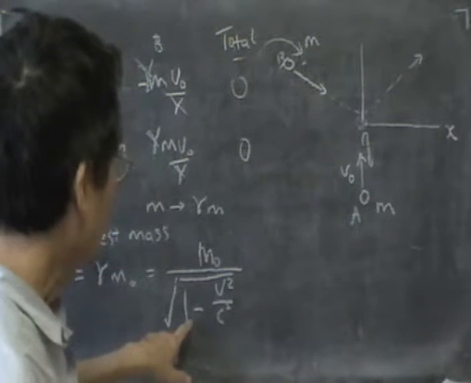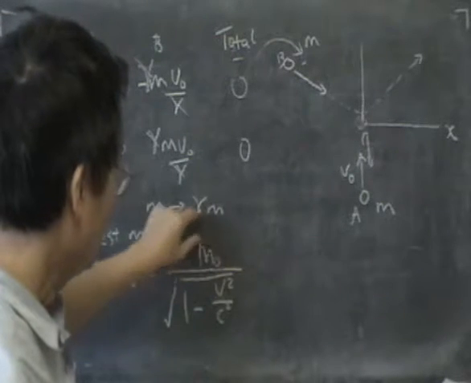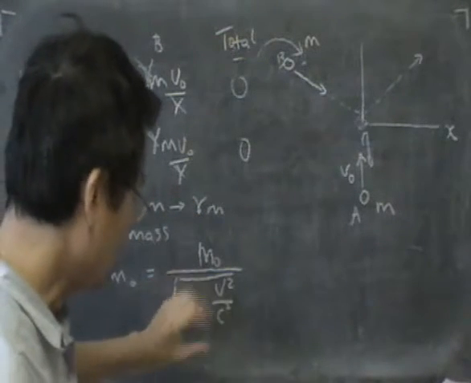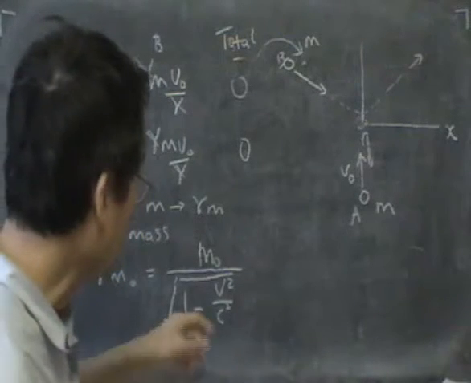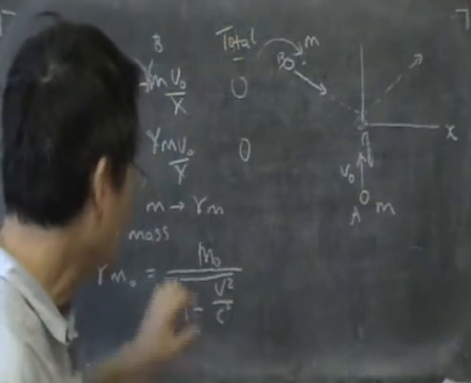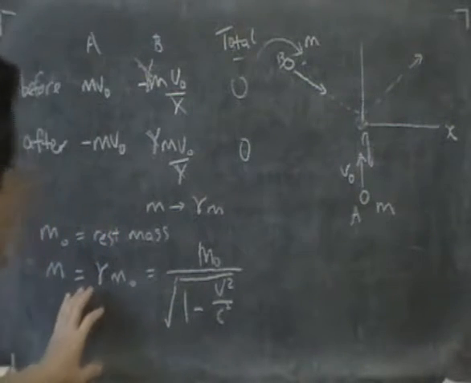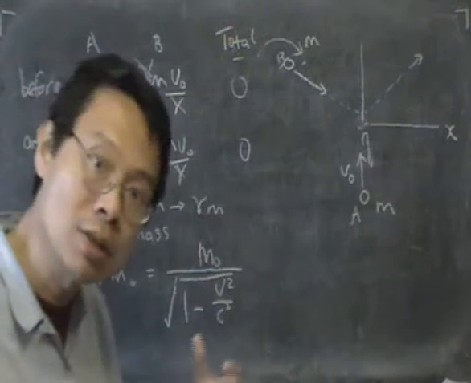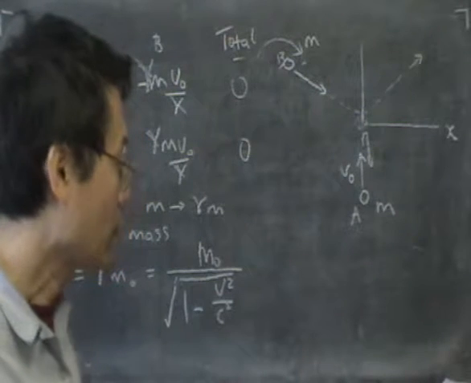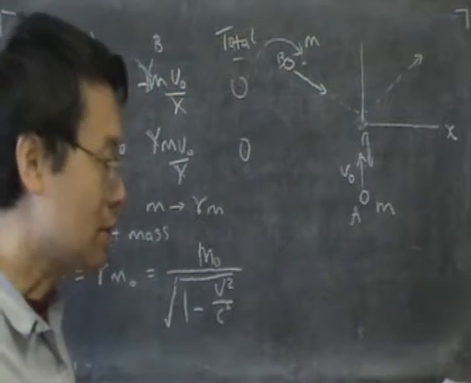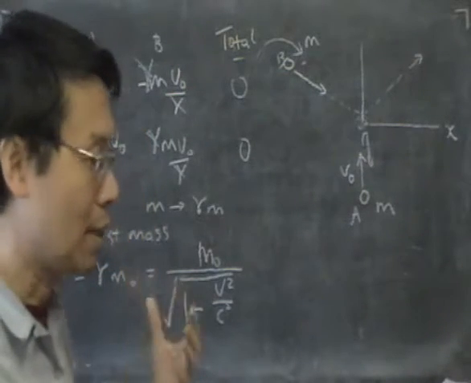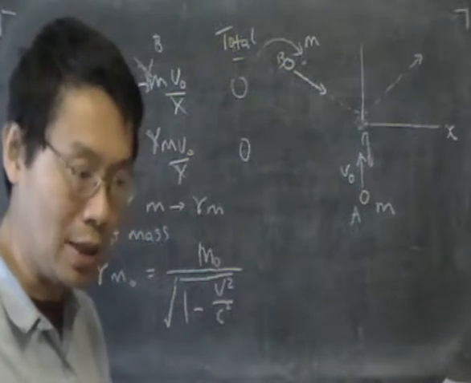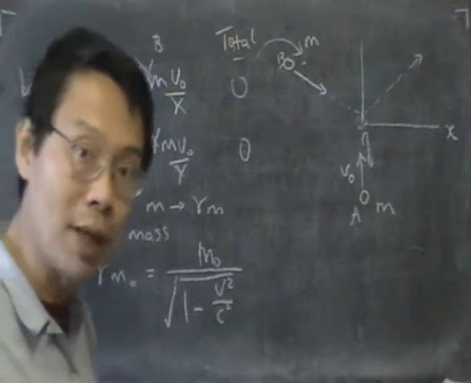Which means that the rest mass divided by this square root will become larger and larger. So it would seem that as v tends towards c, this relativistic mass will tend to infinity. Now that seems to suggest, if this is true physically, that nothing, at least nothing that has a mass, can move faster than the speed of light.